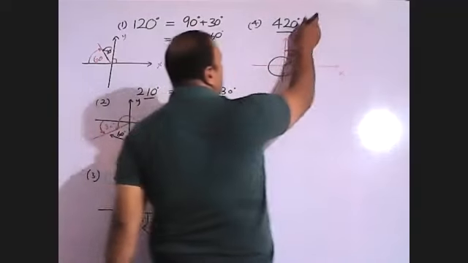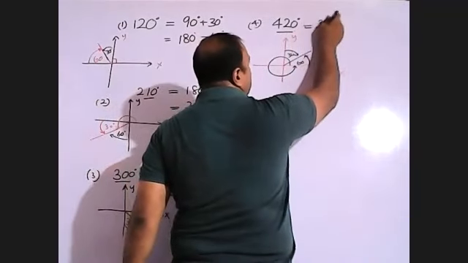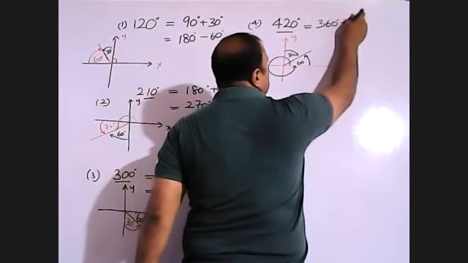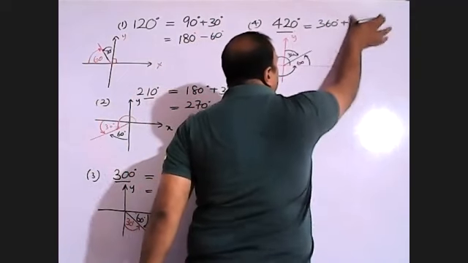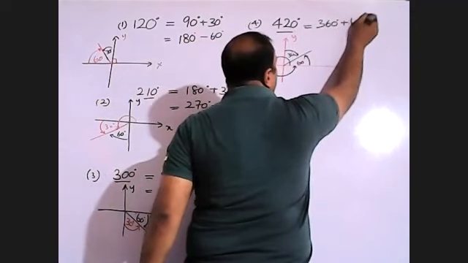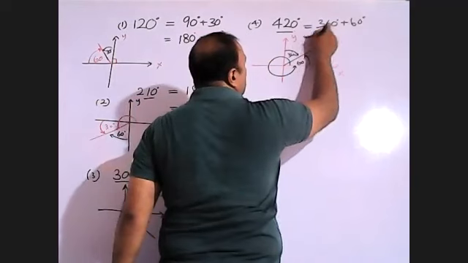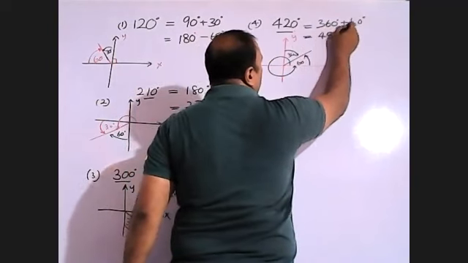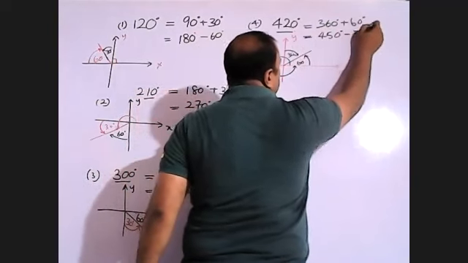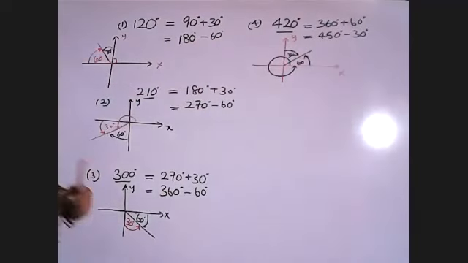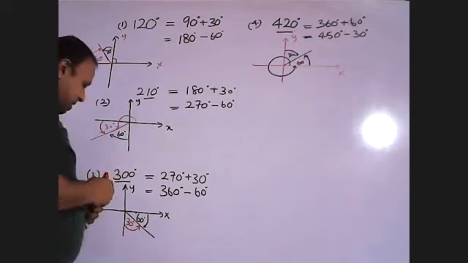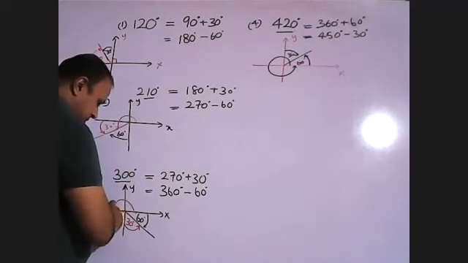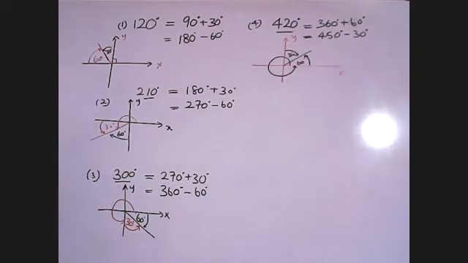So that is equal to 360 plus 60 or 450 minus 30. Up to this level, 270 plus 30. Okay.